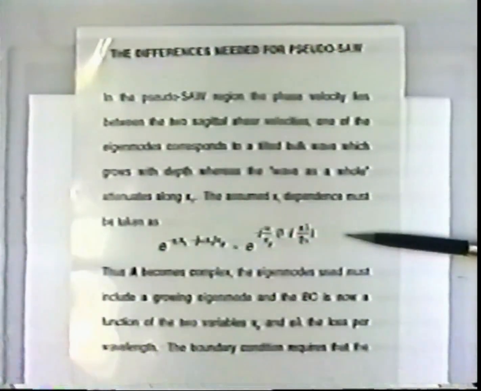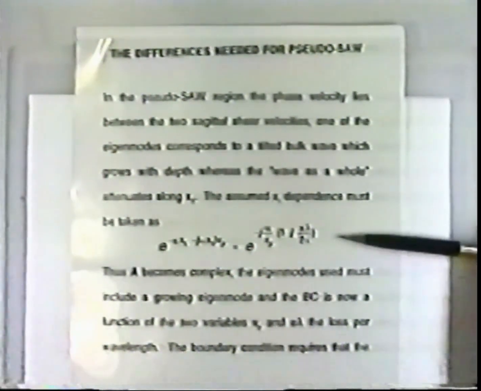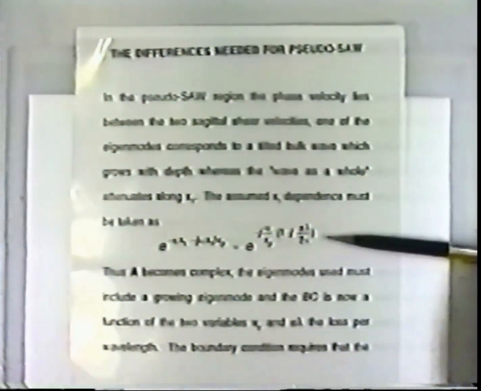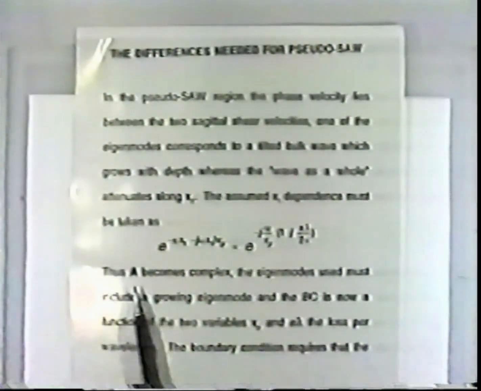And so, in effect, the derivative with respect to x has to be modified in formulating the equations from the word go, and so, as a result, the impact of this condition is that the material matrix, in effect, becomes complex.